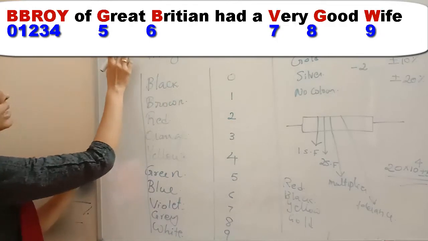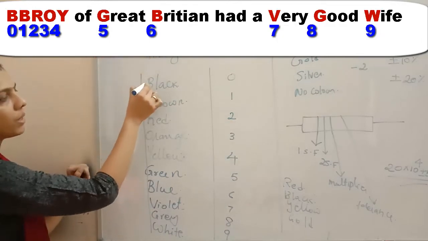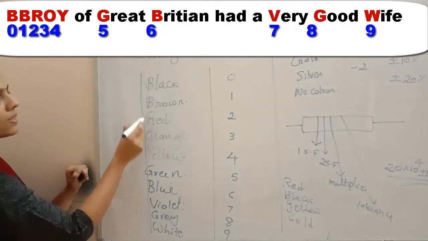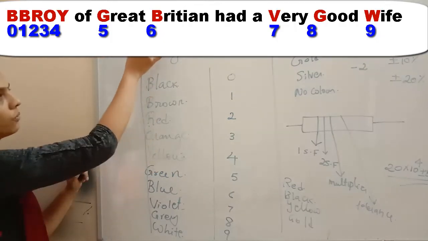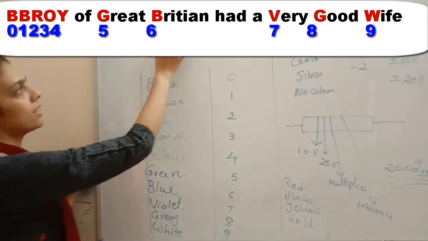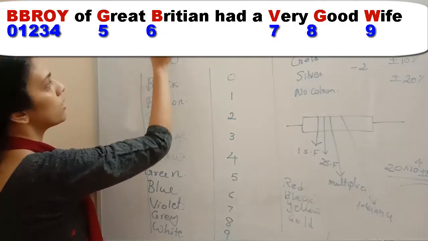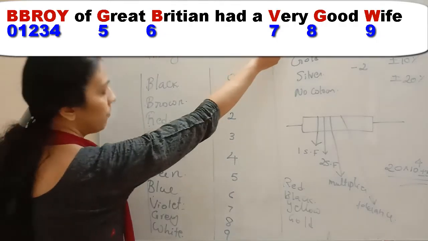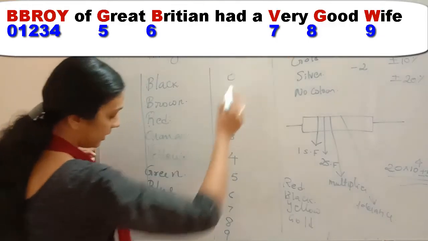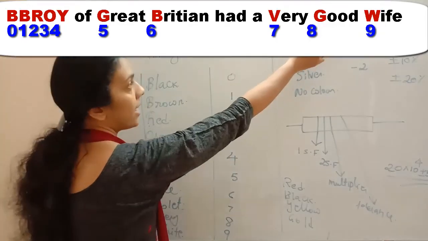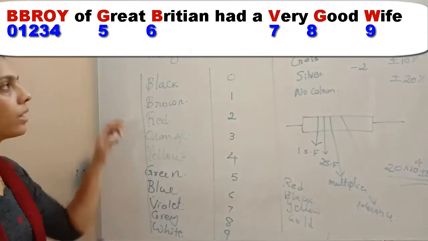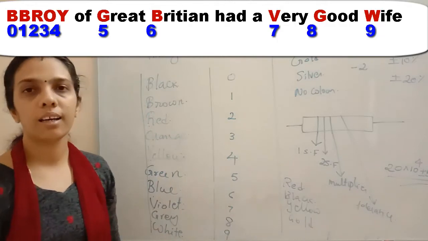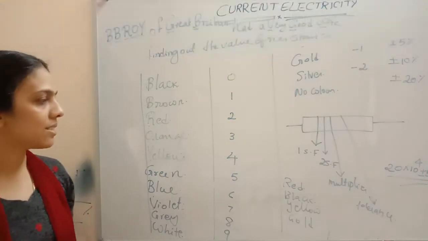The letters given in capitals represent the colors. B is black, next B is brown, R is red, O is orange, Y is yellow, G is green, B is blue, V is violet, G is grey, and W is white. If this is in your mind, you can easily find the color code.